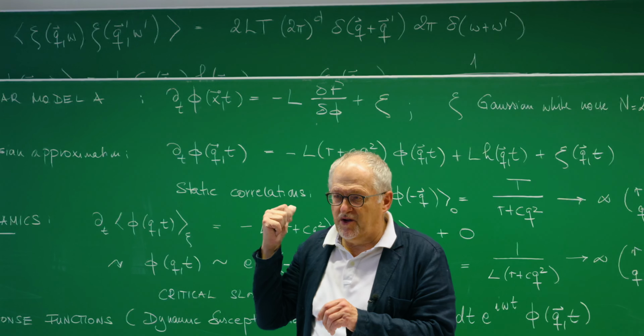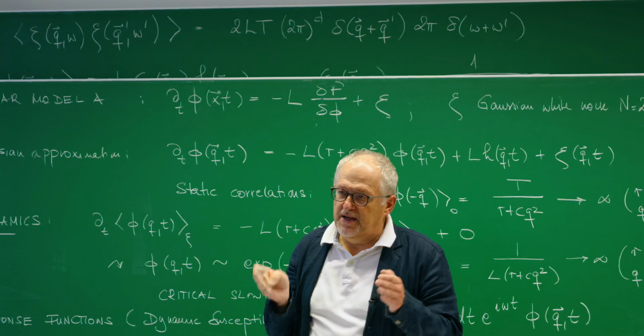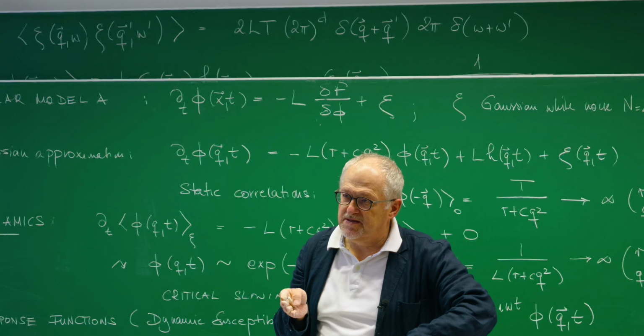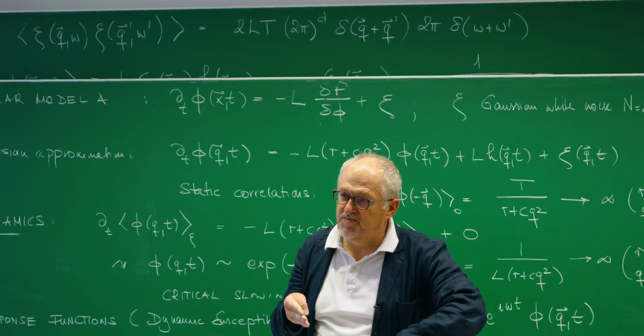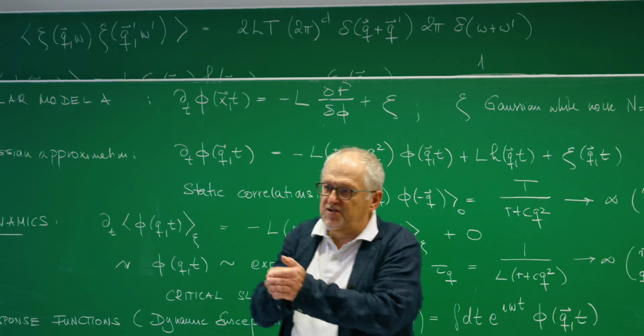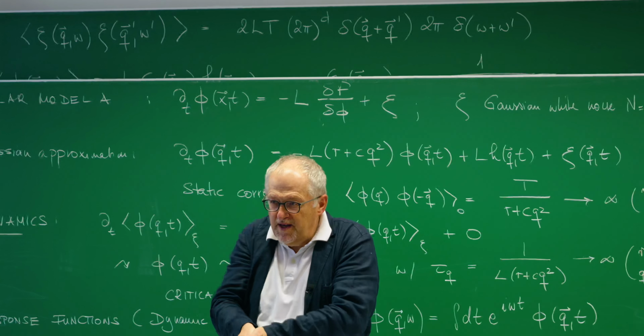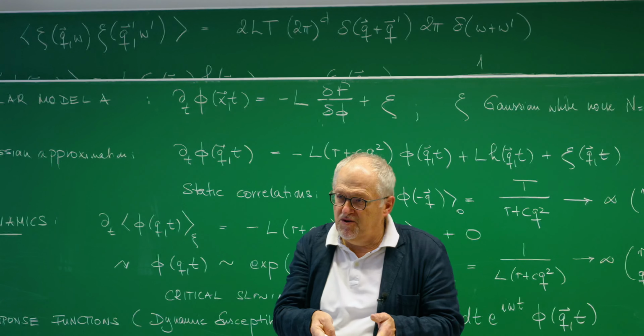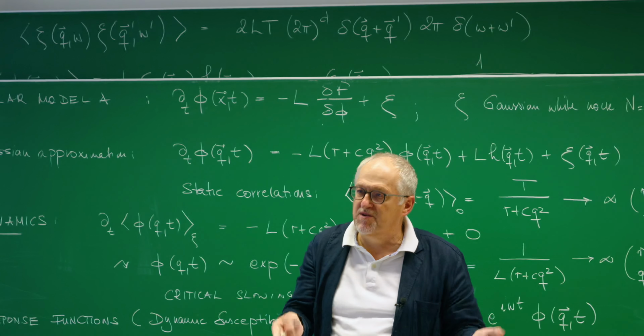That's in the non-conserved case. In the conserved case, you need to worry about the gradients in space, because that's what's driving the motion. Here it's just the system tries to minimize locally its free energy. If you have a conserved quantity, you need to change spatial gradients.